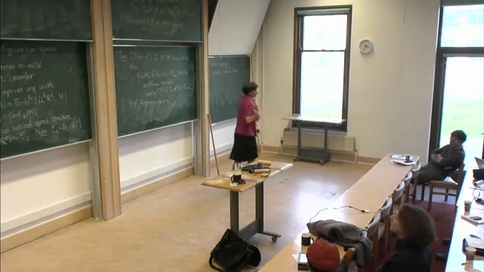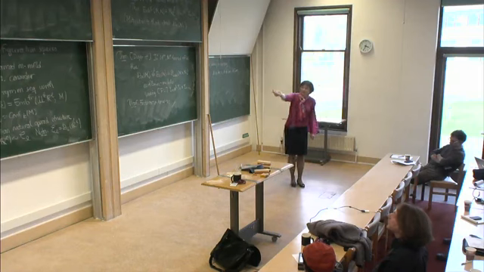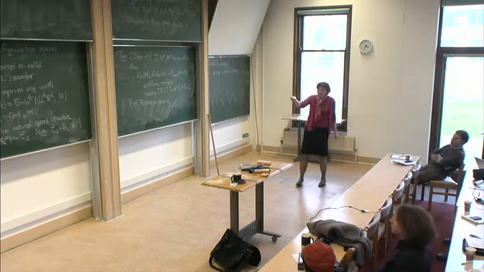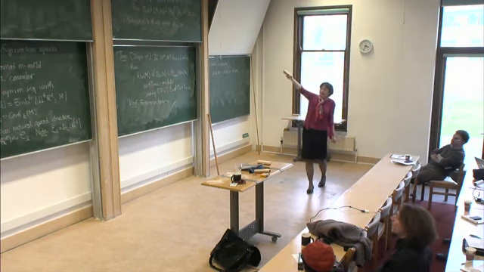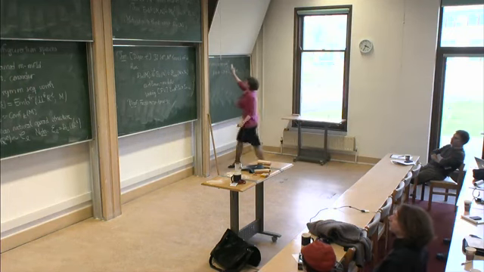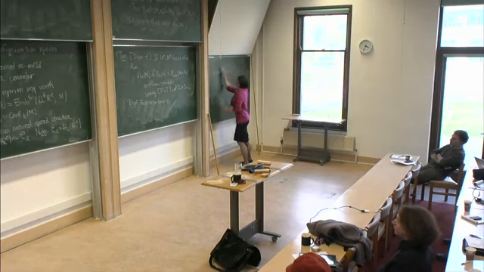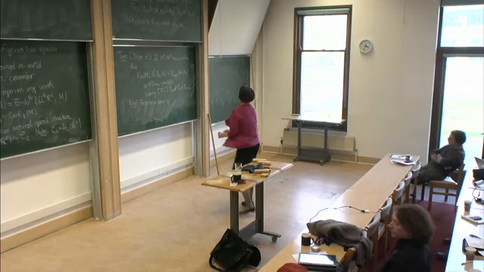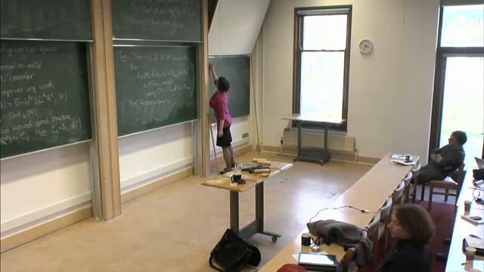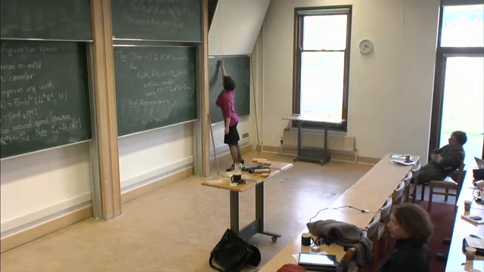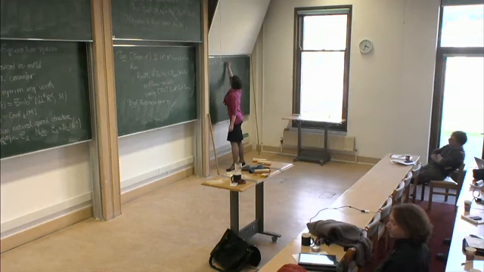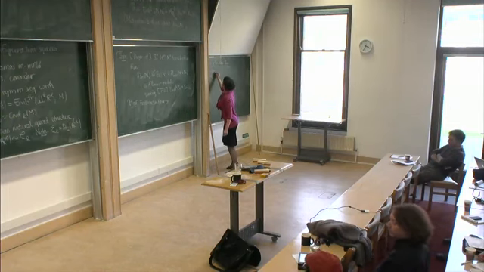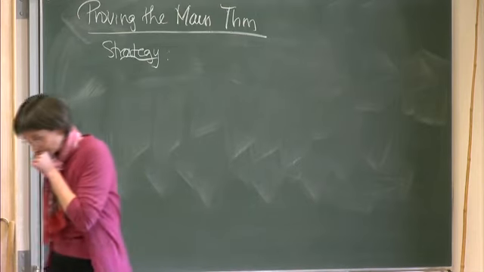So now I want to say a few words about how one can go about trying to prove this theorem. How can you figure out what this lift should look like so that you get compatibility with both the projection and with the section map? So there's the strategy.